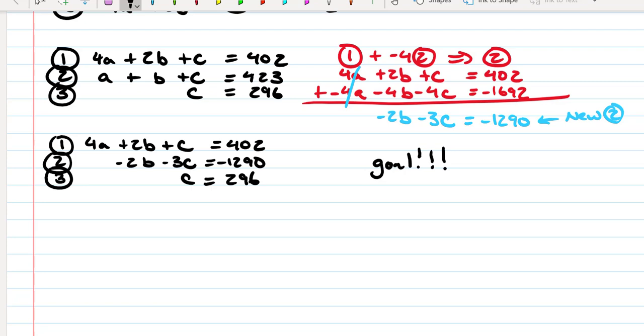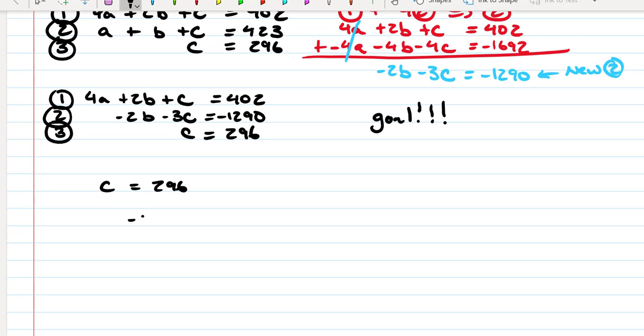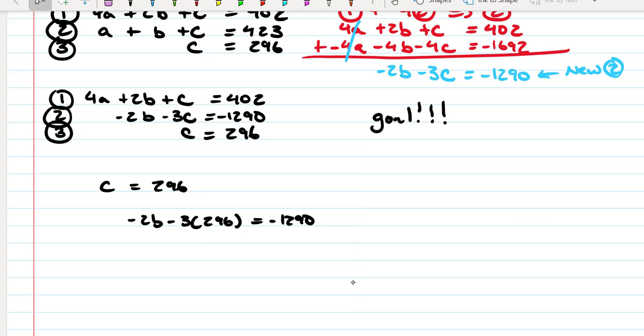So my last equation, I don't need to solve anything. c is 296. And in equation 2, I have -2b minus 3 times 296 equals -1290. So I go -3 times 296 gives me -888.